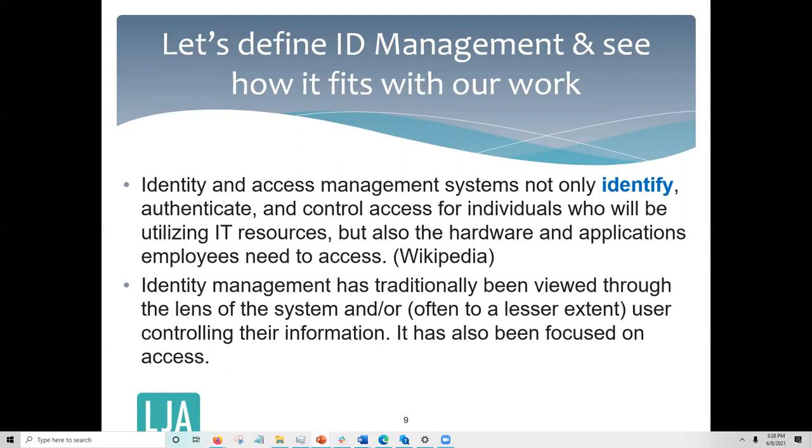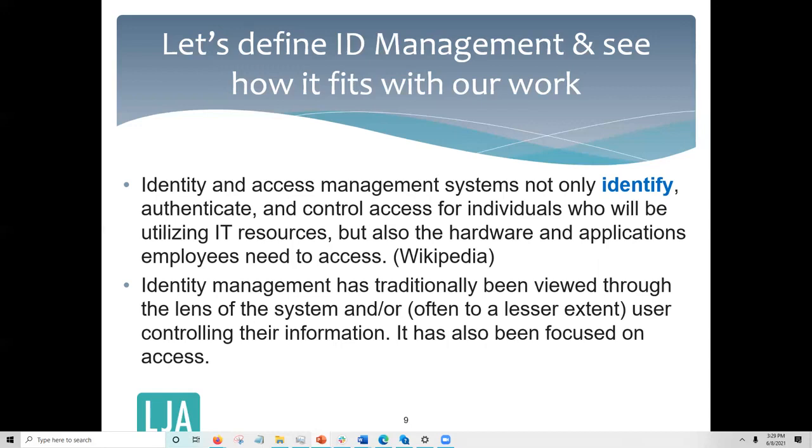I really want you to pay attention to this aspect of identify because that's really going to get to the heart of what we are starting to do with identity management. So it's about an identity and access management system. So some kind of system is involved in this. And then control and access for individuals. So there we get to that authentication aspect.